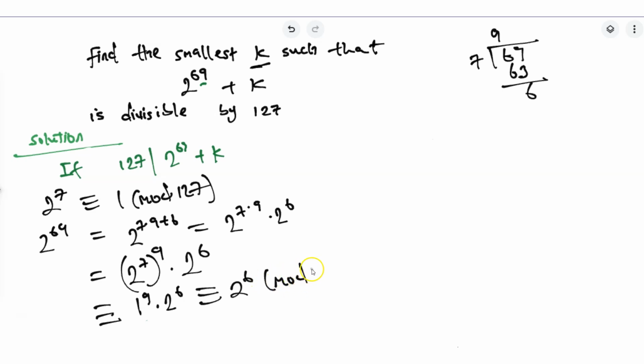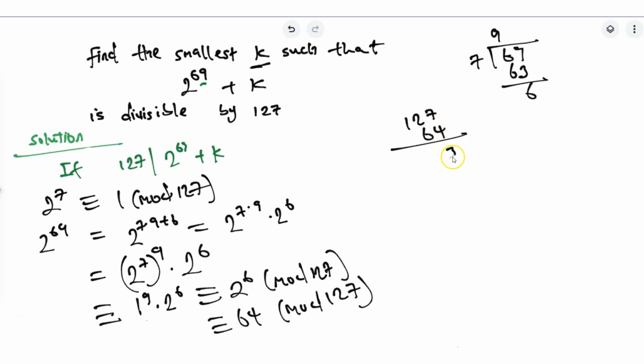This means that this is congruent to 64 in modulo 127. This means that if we do 127 minus 64, that would give us 63. That means if we add 63 to 2 to the power of 69, that should be congruent to 0 modulo 127, because 63 is congruent to negative 64 in modulo 127.